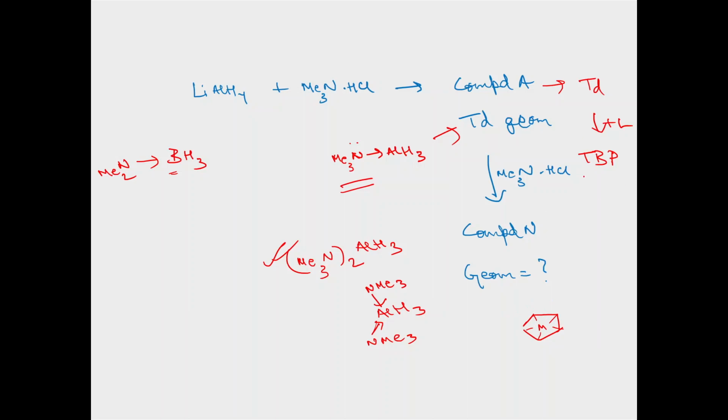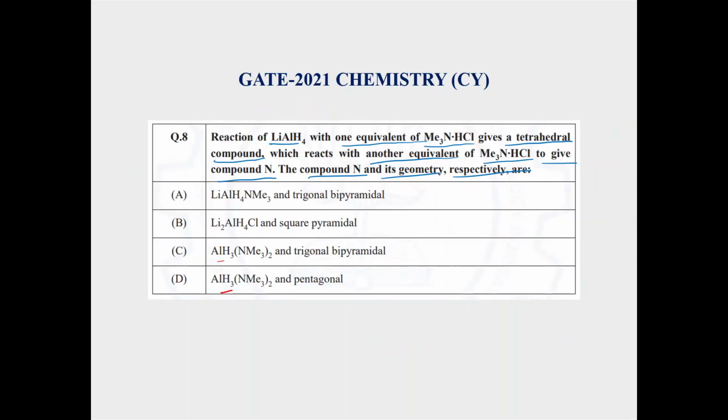But in this case, what we will get is trigonal bipyramidal, meaning this Al will be here with 3H and 2 NMe3 will give their lone electrons.